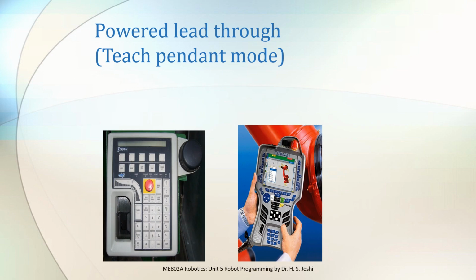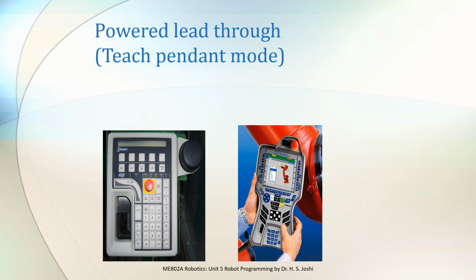Let me add one point here, that not only the textual programming, even though for the academic purpose we are dividing this into two parts, one is powered lead through and manual lead through, and the other one is the textual programming languages. For all practical purposes, we may use either of these methods, or we may even use a combination of these methods.